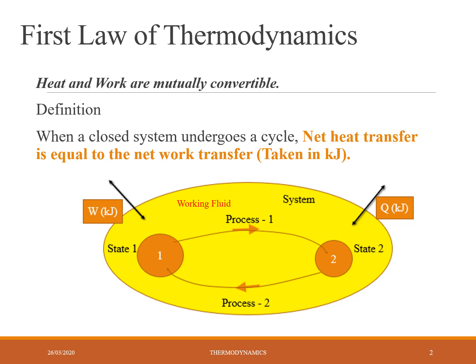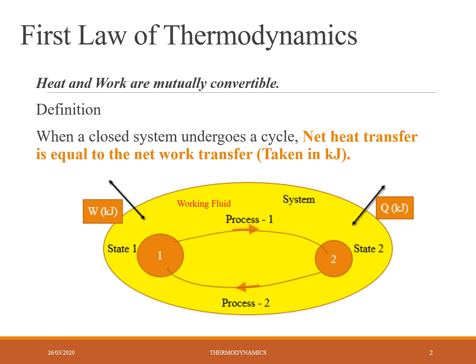Then within this closed system, with a cycle, net heat transfer is equal to net work transfer, while these quantities are taken in kilojoule. Otherwise, heat transfer is proportional to work transfer. That is how the first law is expressed.